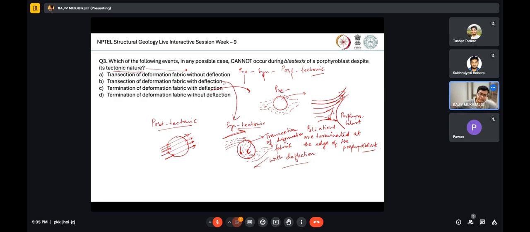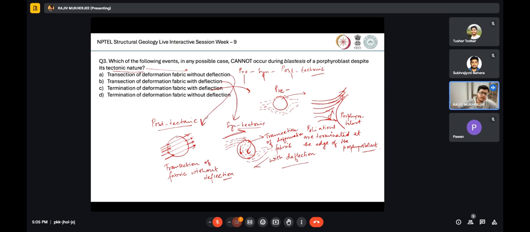So transection of fabric without deflection can also occur during blastesis, as in the post-tectonic porphyroblasts, right?